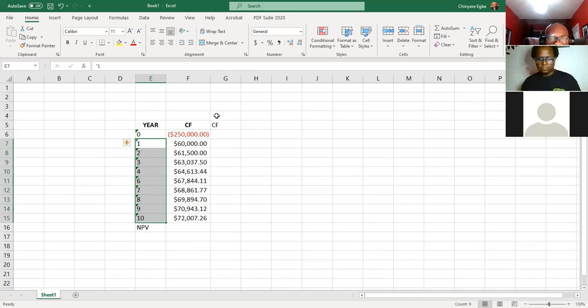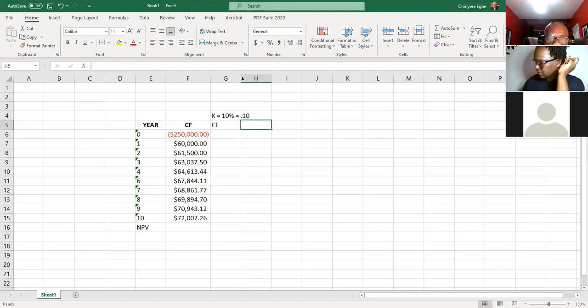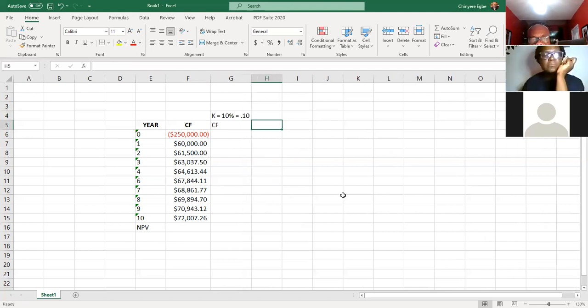Now, let us say that the cost of capital is equal to 10%, okay? Which is 0.10. Let us say your cost of capital is 10%. So now the question becomes, is this investment worth it?